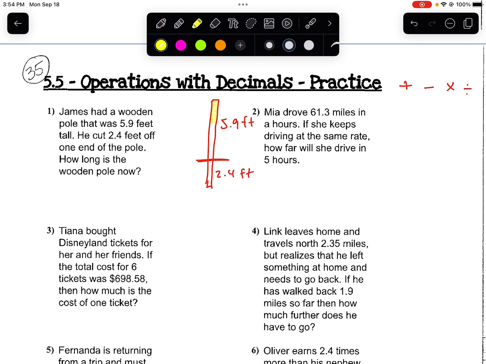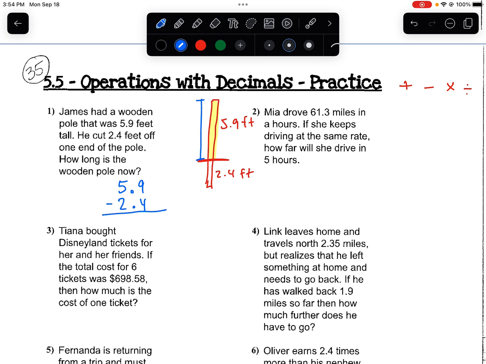They want to know how much this piece is. If the whole thing from here to here was 5.9 and this was 2.4, can we figure out how long this piece was? What operation would help us do that? I'd say subtraction. So we would say 5.9 minus 2.4, because when we subtract, we always subtract the smaller number from the larger number.